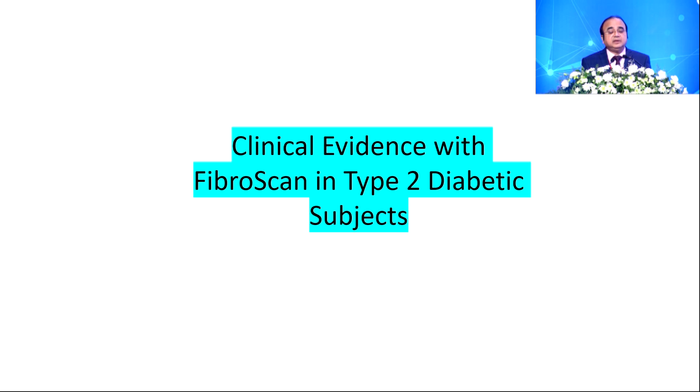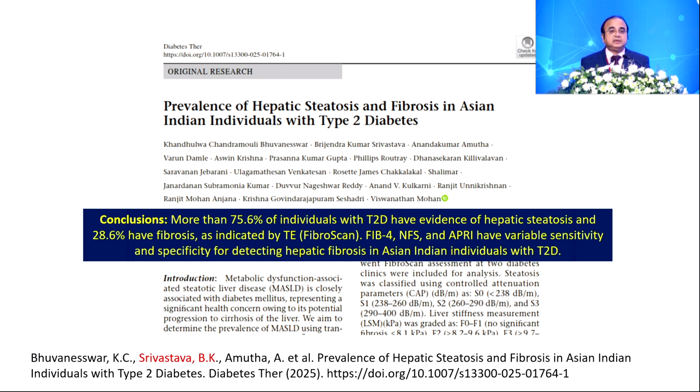So what is the clinical evidence with FibroScan in type 2 diabetic subjects? This is the two-center study, and it has been published here. I was also one of the authors in this, where we have mentioned the prevalence of hepatic steatosis in Asian individuals with type 2 diabetes.